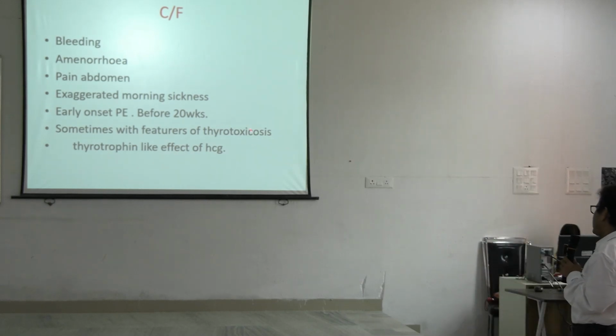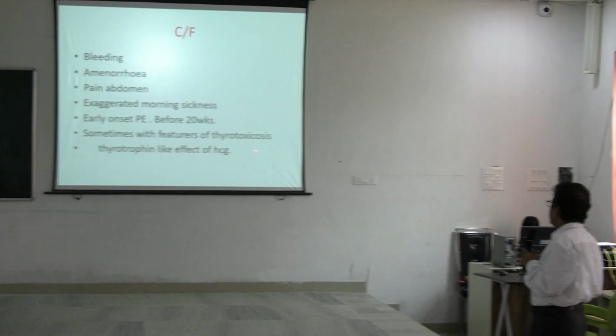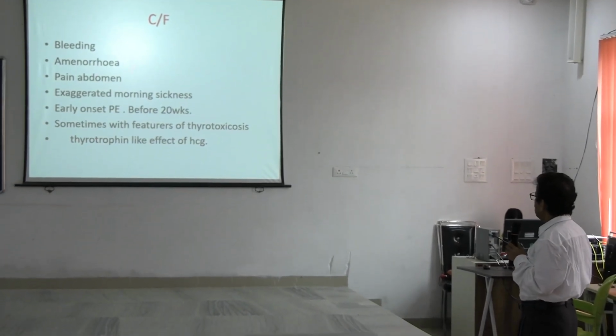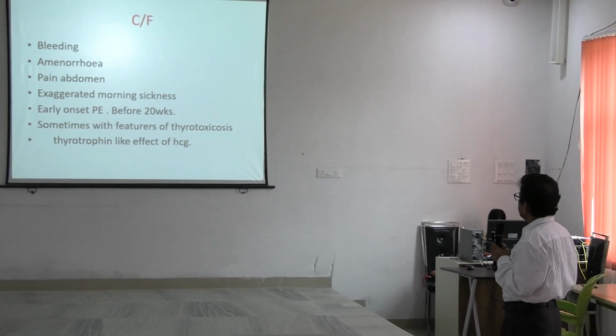That can be the presentation. Suddenly a mother with pregnancy comes with thyrotoxic features, so you can think of molar pregnancy. That is due to the thyrotrophin-like effect of hCG. So these are the three or four types of clinical presentation in molar pregnancy.